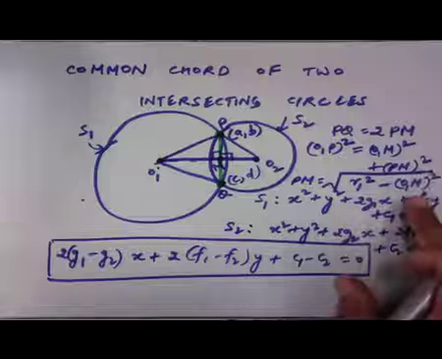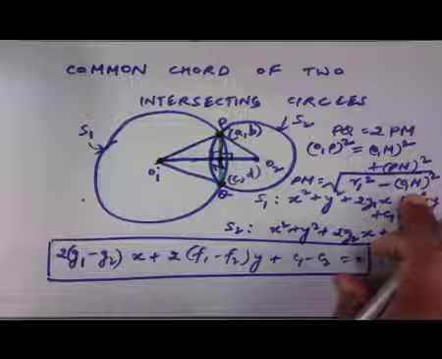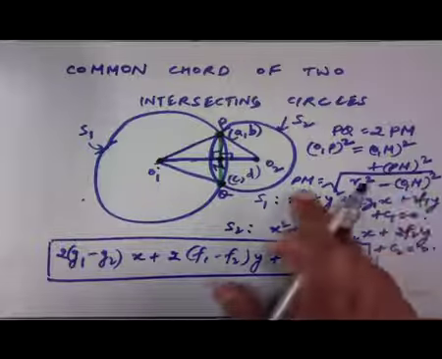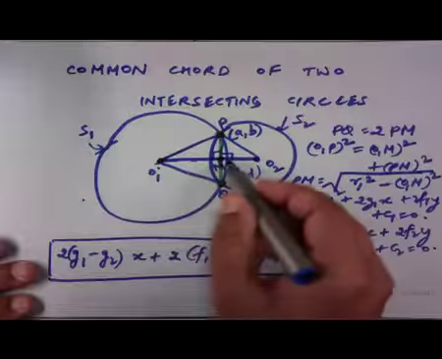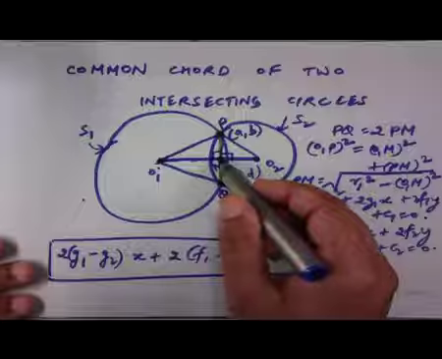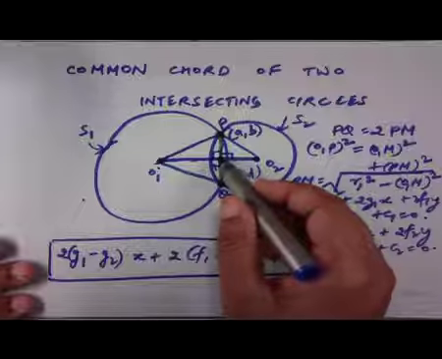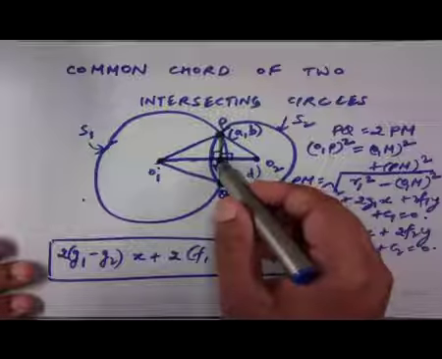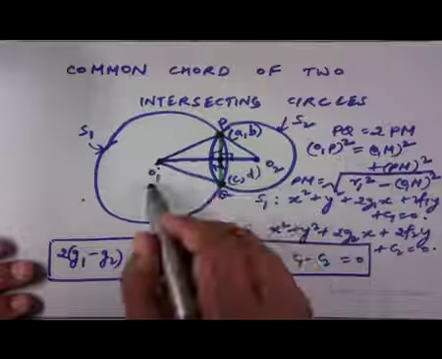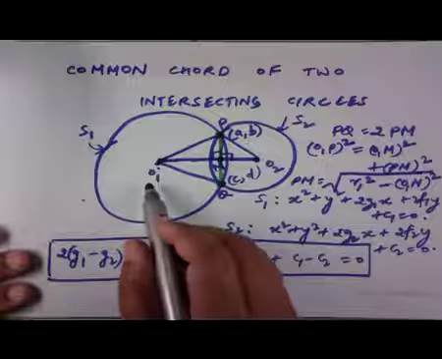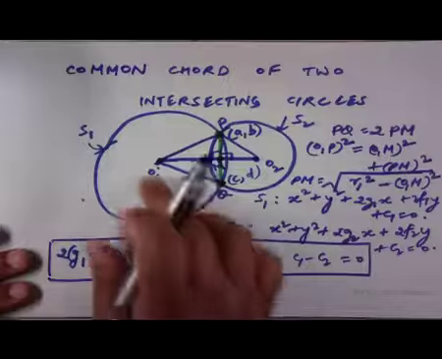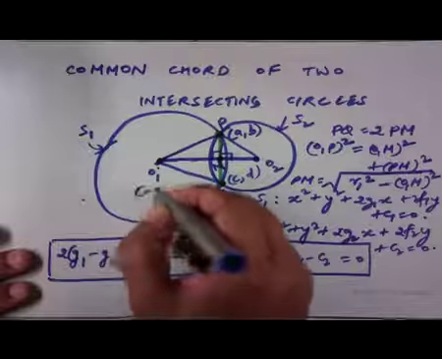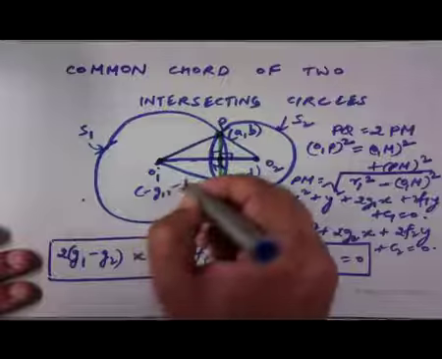So, now we just need to find O1M. If we find O1M, then we can find PM. But finding O1M is very easy, because O1M is nothing but the length of the perpendicular from this center O1 whose coordinates are known. Since we are given the equations of the circles, the coordinate of O1 is known to be minus G1 comma minus F1.